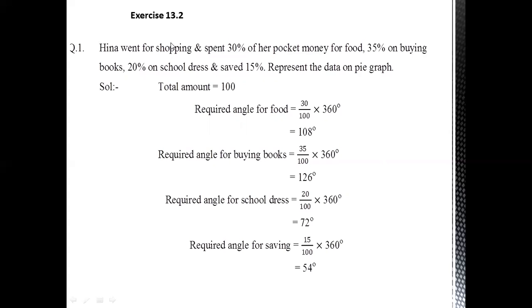13.2: Hina went for shopping and spent 30% of her pocket money on food, 35% on buying books, 20% on school dress, and saved 15%. Represent the data on a pie graph. It means the total amount she has is 100.